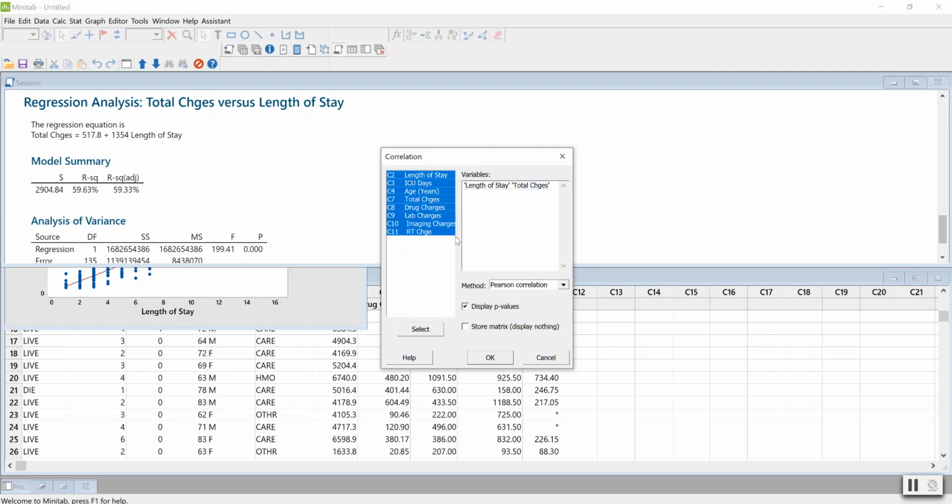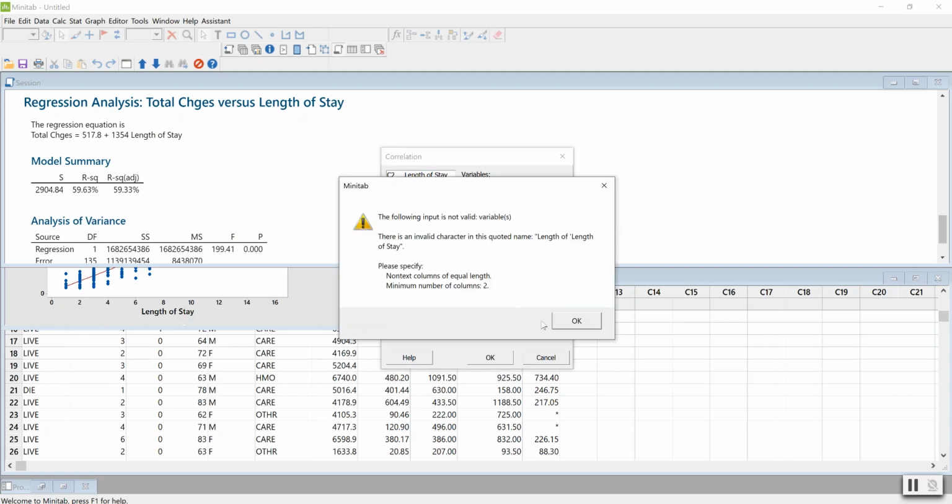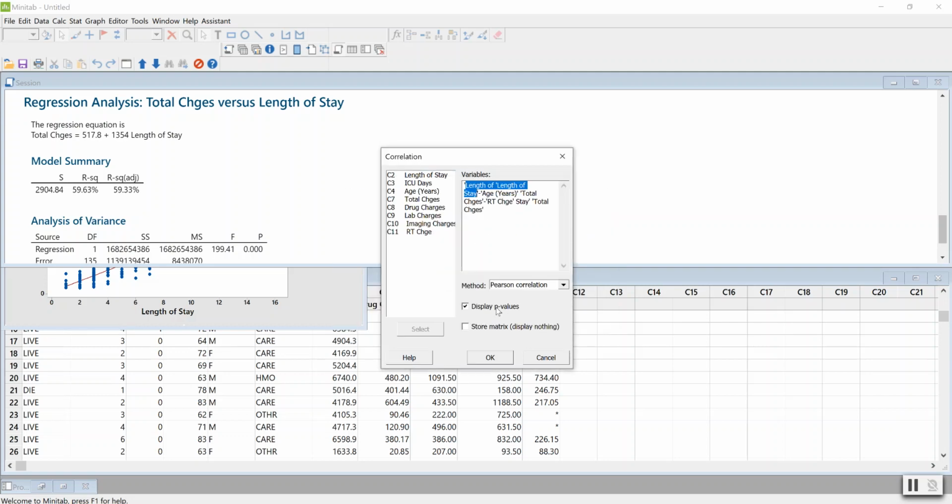In order to drag, all you have to do is click on the very first one, hold down the mouse button and drag down, and then click on select. Well, in this case, I don't want it to display p-values. Check that, excuse me. So I'm going to check this. Why is that so? Oh, that's because this is not well selected. So I'm going to select this again.